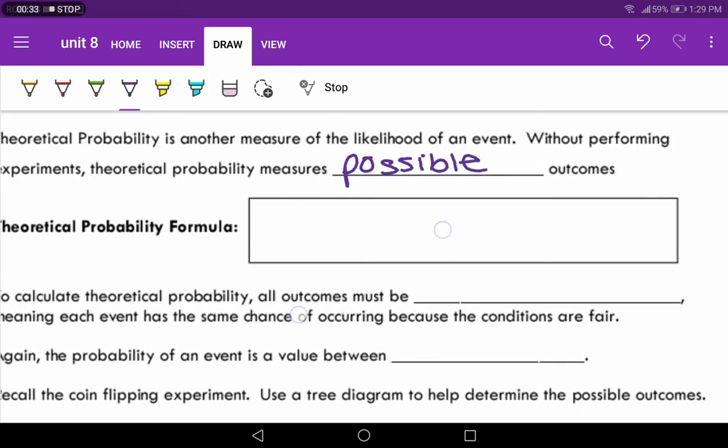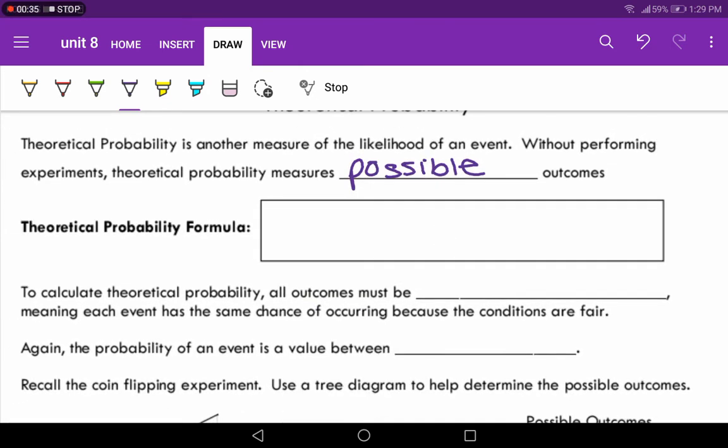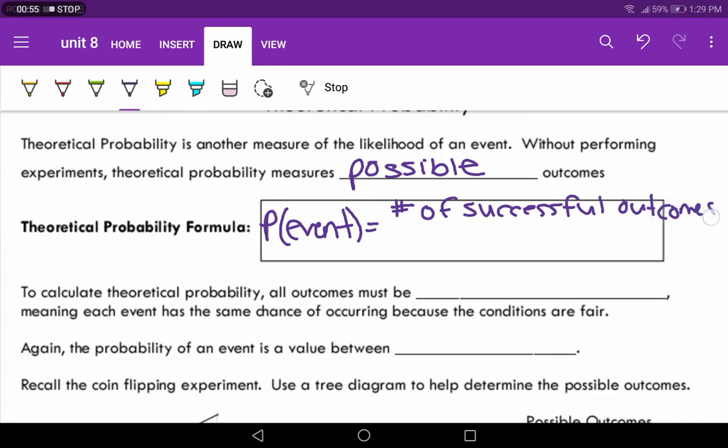Okay, so without performing any experiments. Okay, so the formula for theoretical probability: the probability of an event is, again, the number of successful outcomes divided by the total number of possible outcomes.